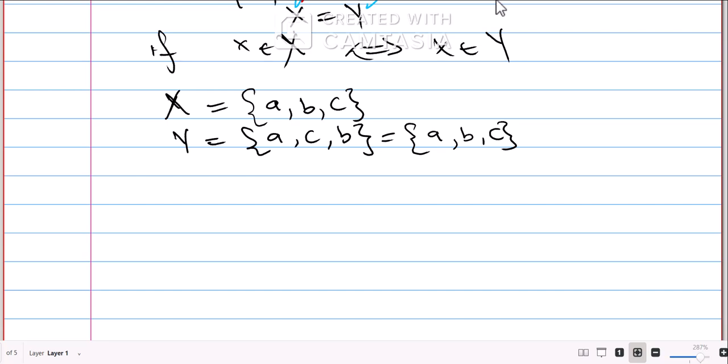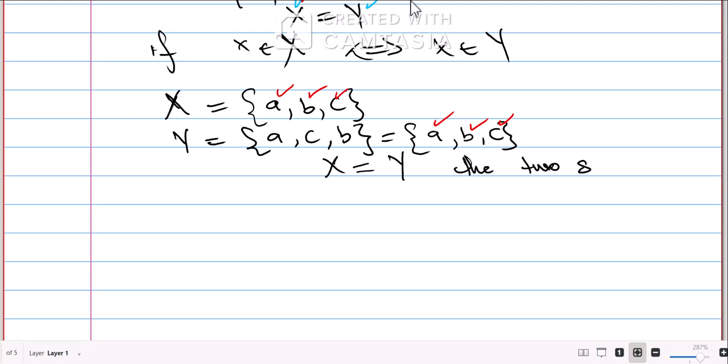We can see that this element in X is in Y, this element in X is in Y, and this element in X is in Y. So all the elements in X are in Y, and all the elements in Y are in X. So we say X is equal to Y. This is how we say the sets are equal.